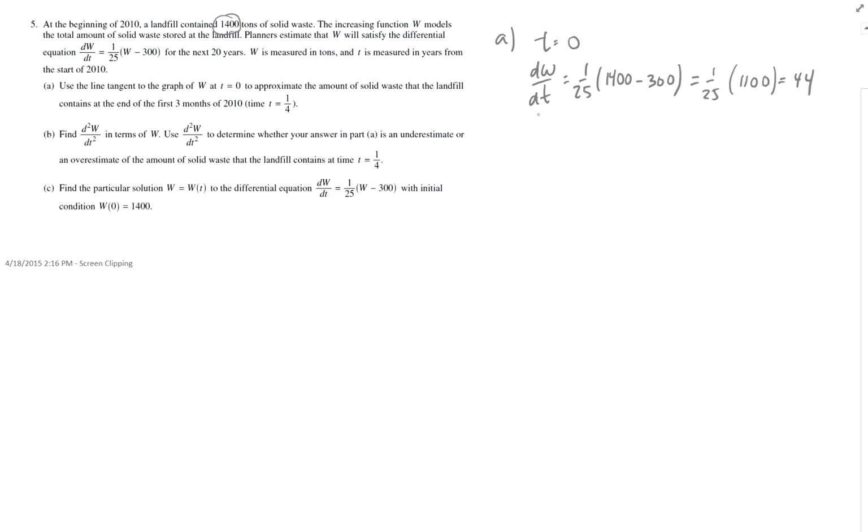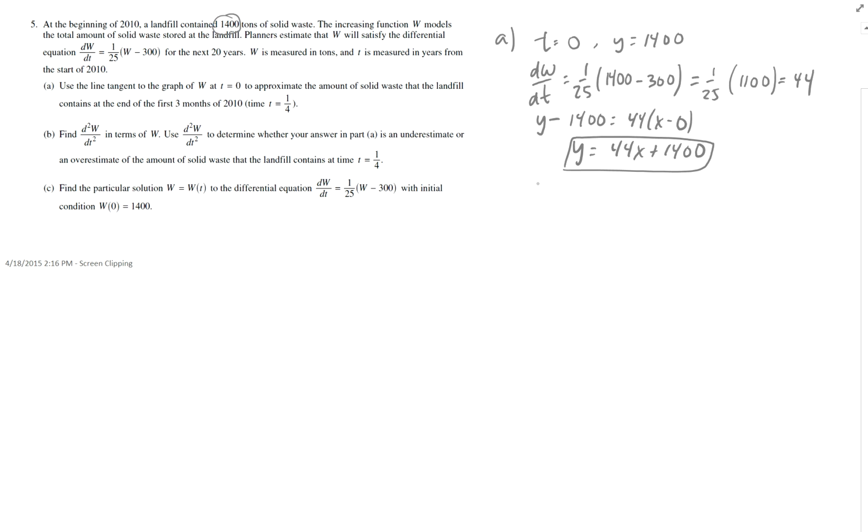And so my tangent line is y minus, when t is 0, we know that W, or I should say y, is 1,400. So it's y minus 1,400 equals the slope 44 times x minus 0. So y is 44x plus 1,400. So there's the tangent line.